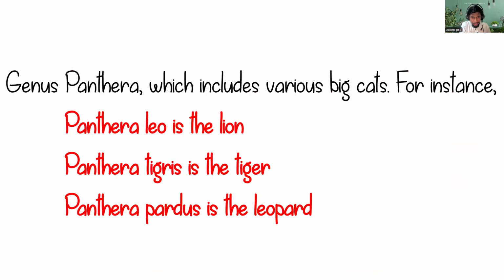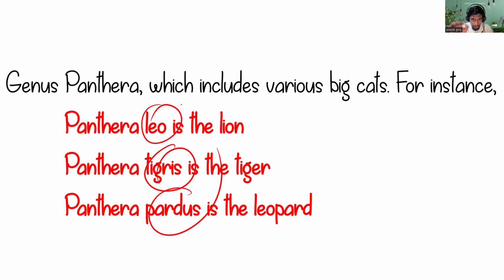So Panthera is a common name for all these big cats: lion, tiger, leopard. They come under one family. So all these have the same generic name, but the specific name, the second epithet, may differ.